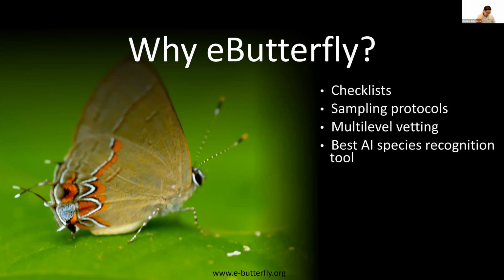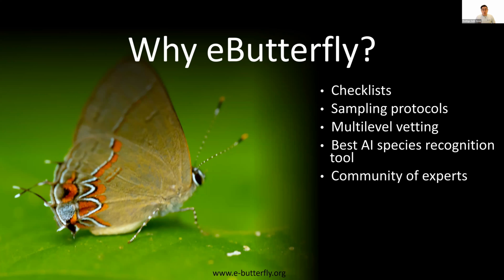And I was in Panama and Colombia a bit more than a month ago, and even myself, I was impressed by how good it was. It was just killing it. All the butterflies that I would snap the worst pictures ever of, and it would tell me the species. So you should give it a try. Then I'll show you how to do that in a second.